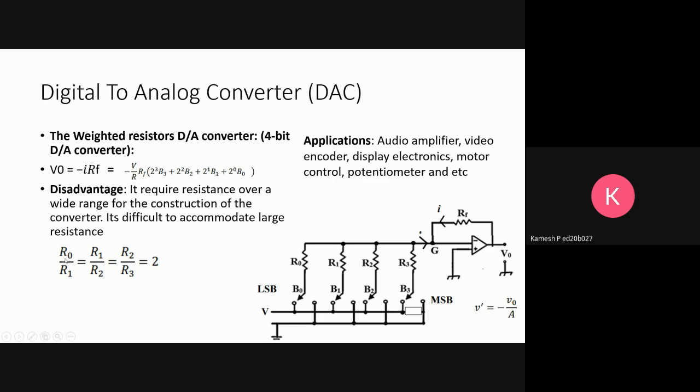taken the resistors as R naught by R1 is equal to R1 by R2 is equal to R2 by R3 is equal to 2. Each one is increasing to twice the value of the previous one.